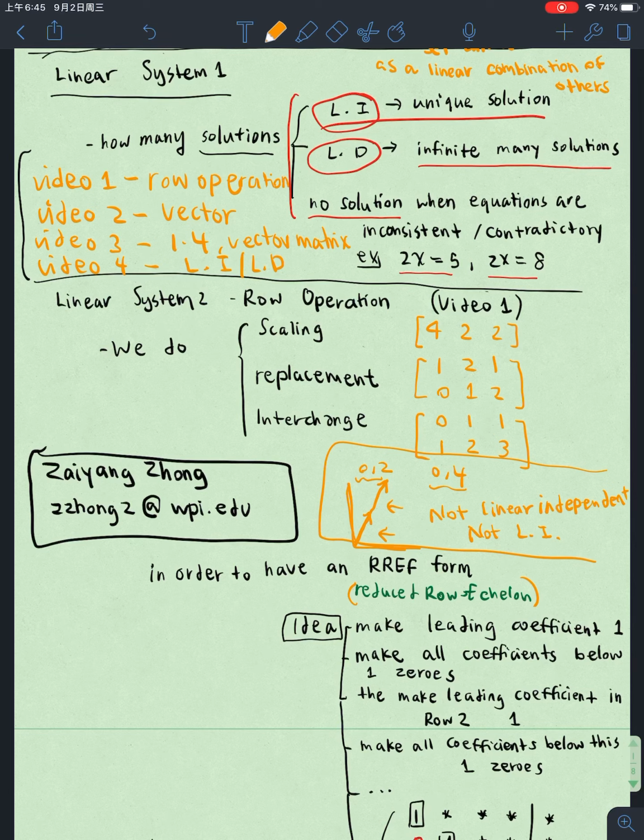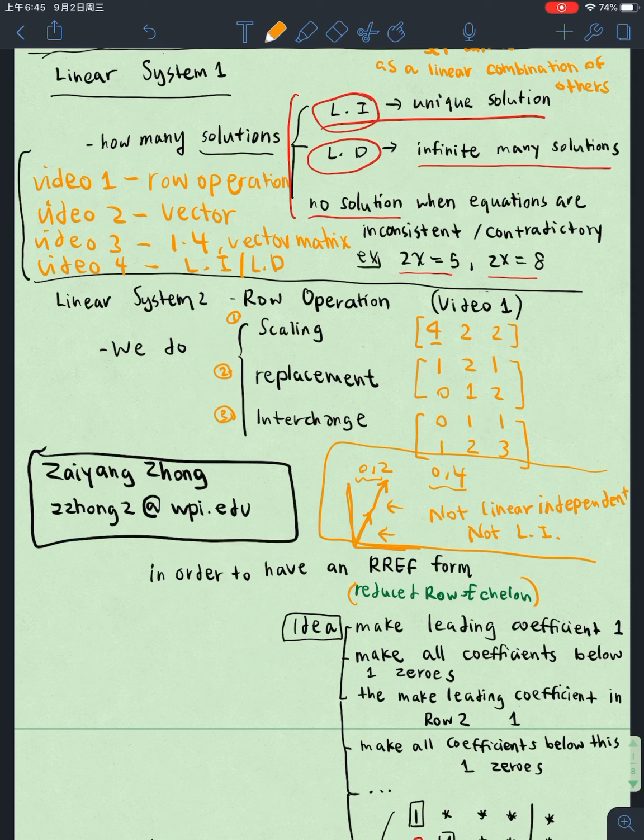For the row operation, there are 3 things we can do. The first is scaling, the second is replacement, and the third is interchange. How do we do scaling? If we have a row which is 4, 2, 2, with scaling we can make the leading number 1.